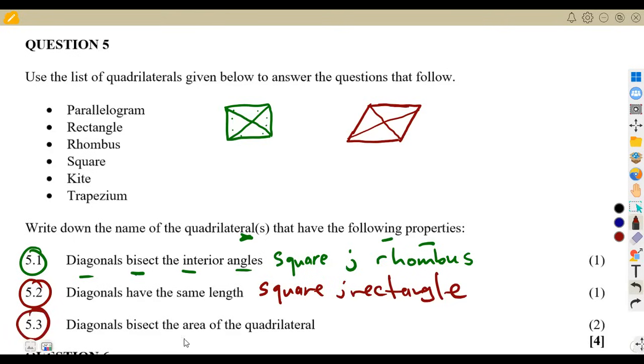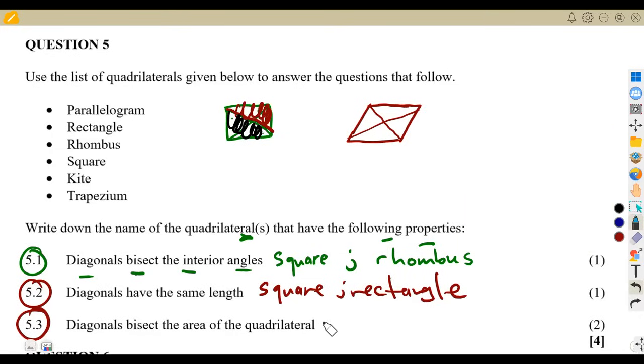Then the diagonals bisect the area of the quadrilateral. That is, this diagonal here divides the area into two, meaning the area of this side is equal to the area of this side. This is what the question is all about.